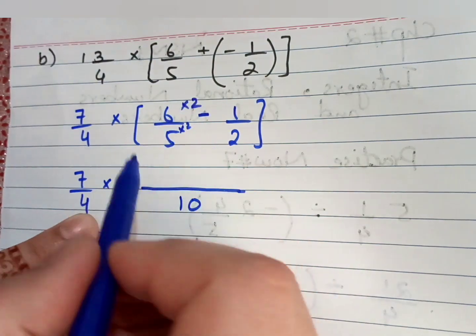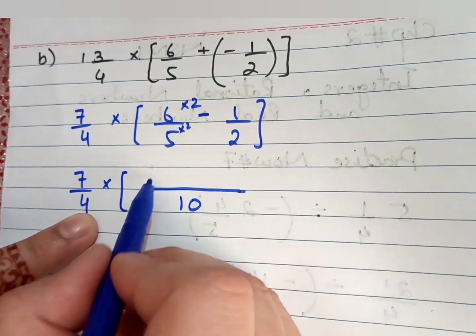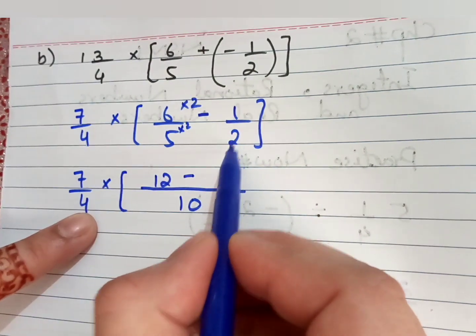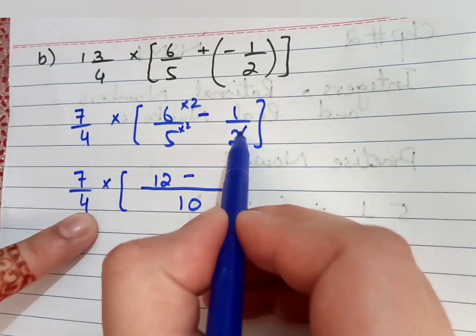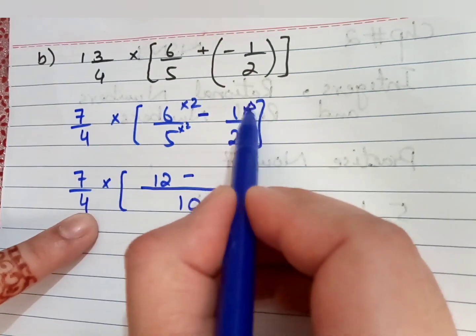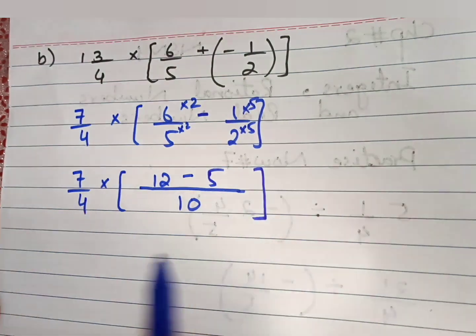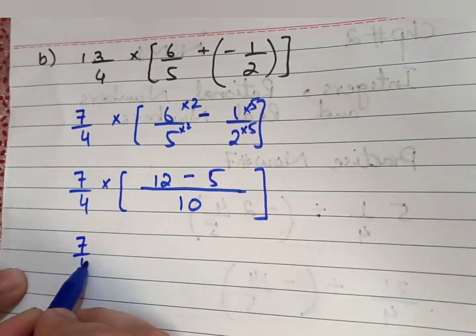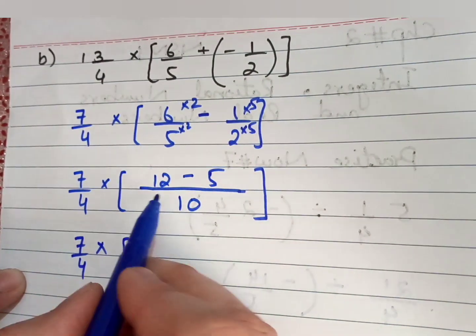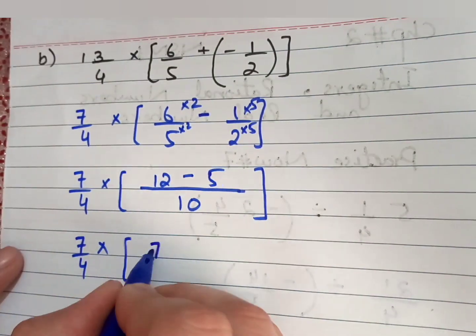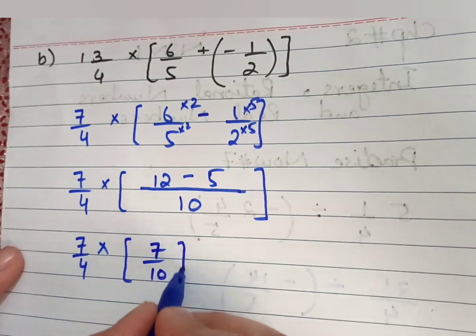Multiply that 2 with the numerator also. 2 6s are 12. Now next is minus. Now when we multiply 2 with the 5, your denominator will become 10. Multiply that 5 also with the numerator. 5 1s are 5. 7 by 4. Now subtract 12 minus 5. 7 by 10.